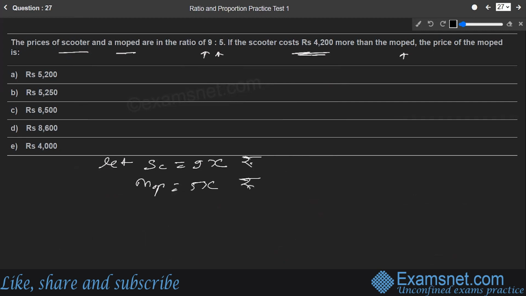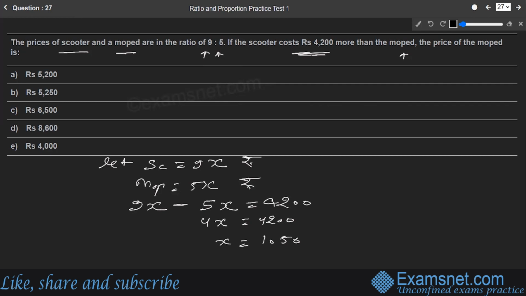They say the scooter costs 4,200 more than the moped. So that means the difference of scooter's price and moped's price is 4,200. What is that? The scooter's price, that is 9x, minus the moped's price, that is 5x. They say this difference is rupees 4,200. So this is giving you 4x is equal to 4,200. The x value comes out to be 1050.